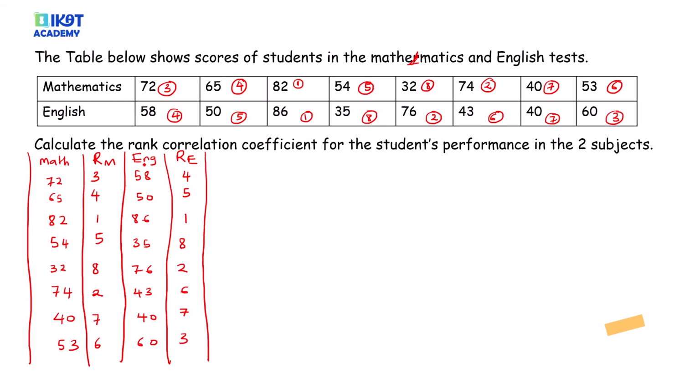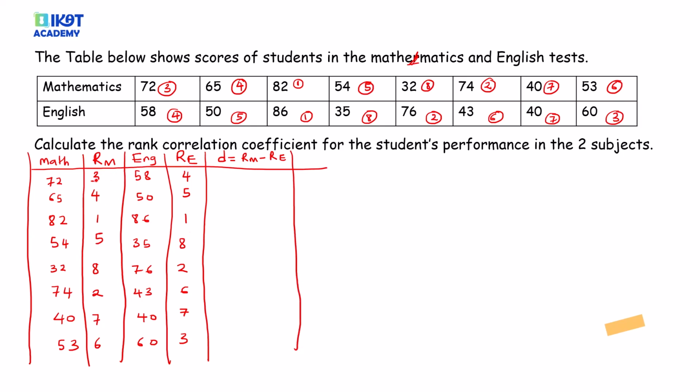Now when you reach this point, we're going to add a column called D. Now this D is the difference between the ranks here and the ranks here. So this D is going to be R_M minus R_E. I'm just writing it here for the sake of it, but usually just write D because everyone will understand what you mean by D. So this is the difference between the ranks for this column and the ranks for this column.